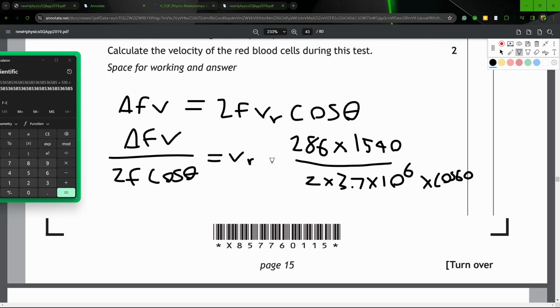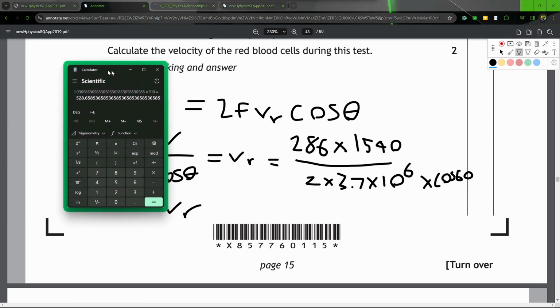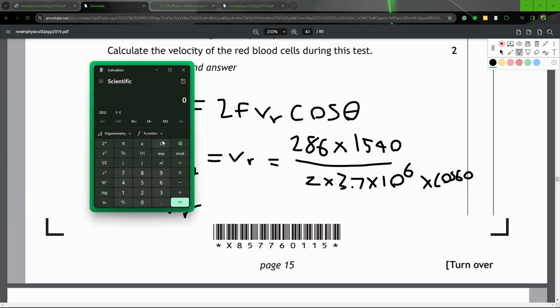And then we just need to throw that into our calculator. So, bracket 286 times 1540 divided by another bracket 2 times 3.7 to the 6 times cos 60 bracket.